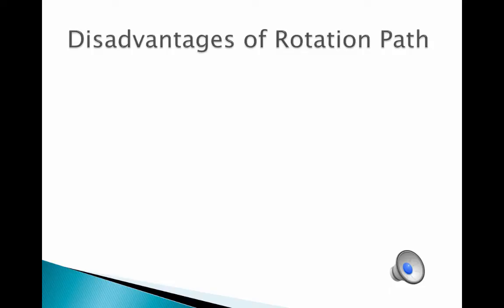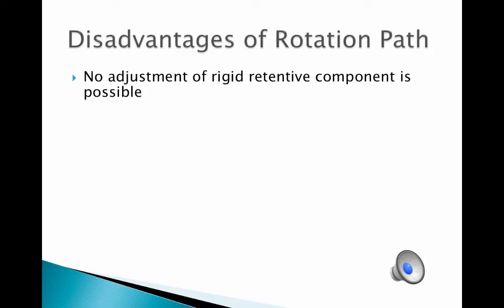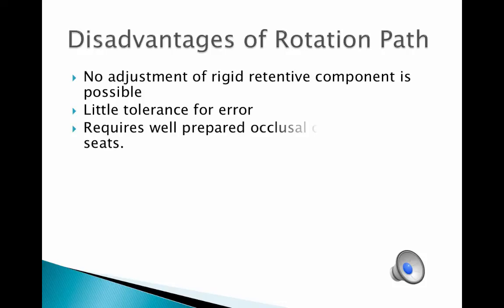Now for the disadvantages of the rotational path. First of all, there's no adjustment of that rigid retentive component if a problem exists. There is little or no tolerance for error both on the part of the dentist and on the laboratory. It requires well-prepared occlusal rest and cingulum rest seats.